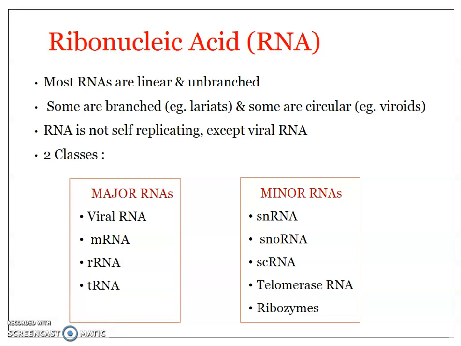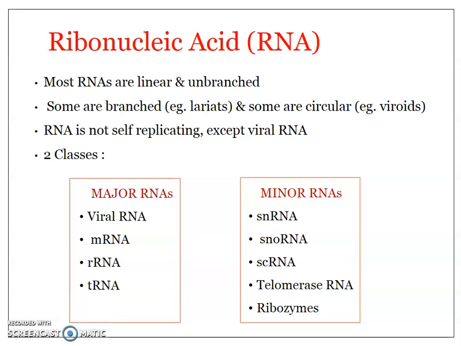In the case of RNA, mostly they are single stranded. There are exceptions with double stranded RNA, but mostly they are single stranded as against double stranded DNA. In DNA also we can see single stranded DNAs, but again that is an exception.